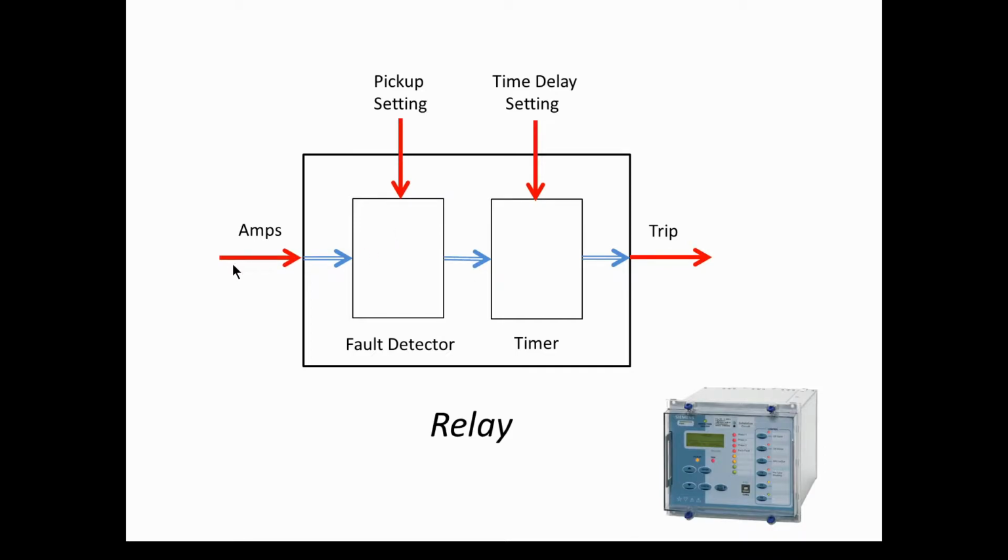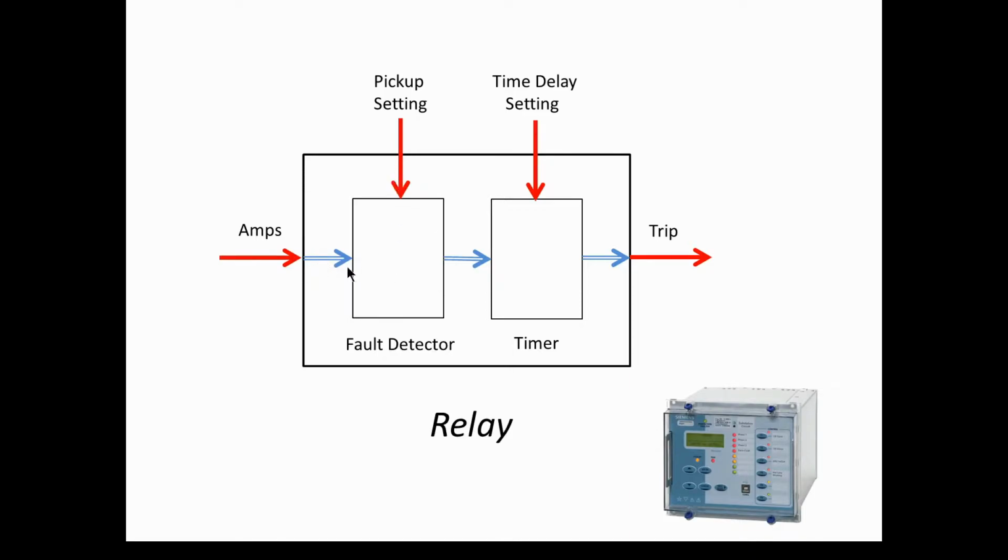So for example, if the current on the circuit at a particular point in time is, say, 5 amps, and you set this to detect anything over 2 amps, then it's going to say, hey, wait a minute, I've got more current than I want. I want only 2 amps, a maximum, and I'm getting 5 amps, so hey, we need to do something.